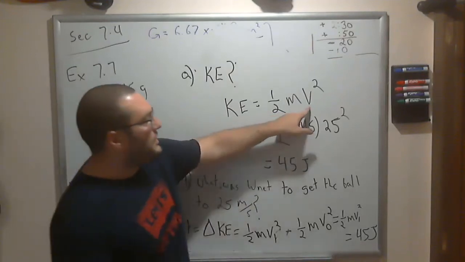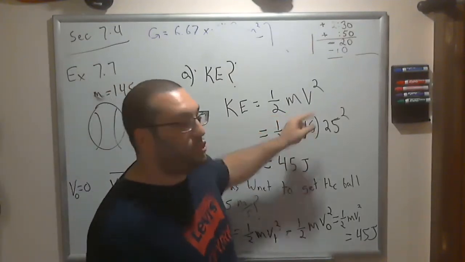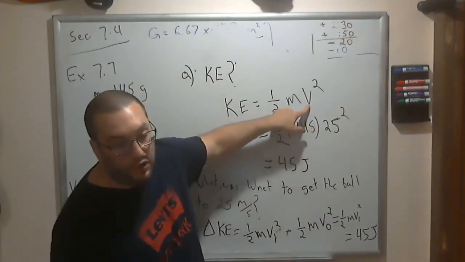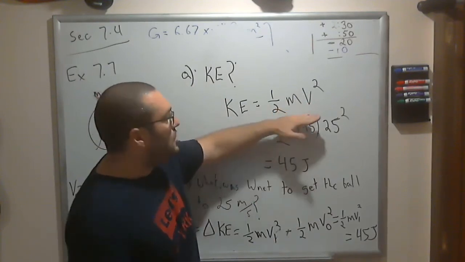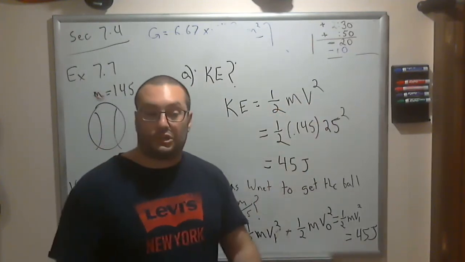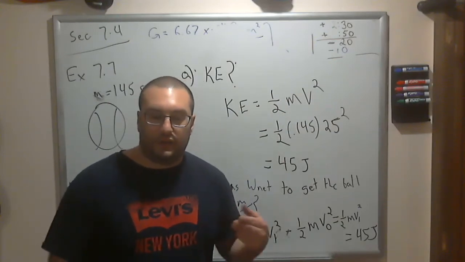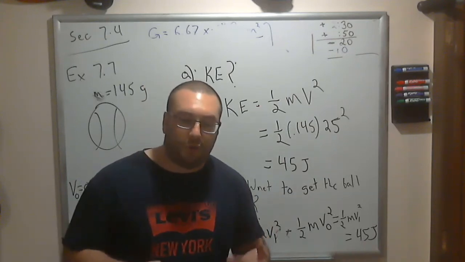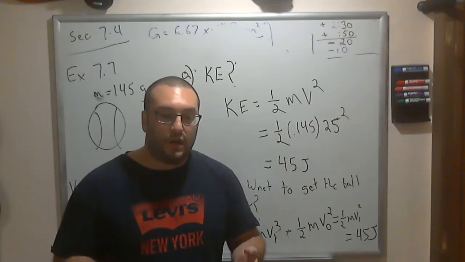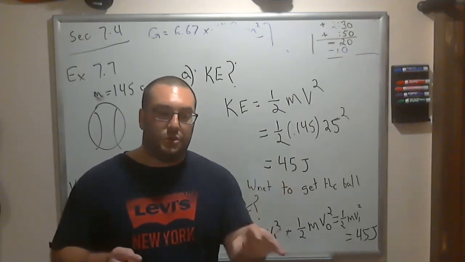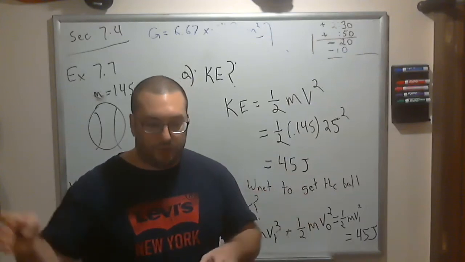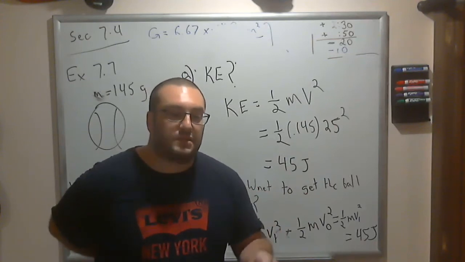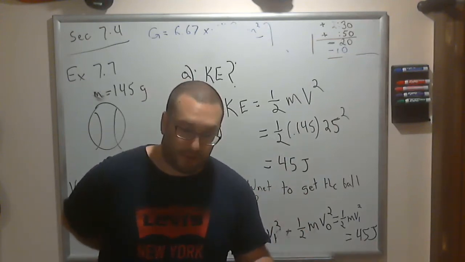Now, if you look at it, it's very interesting. The velocity is squared here. So that means if you're going twice as fast, your energy increases 4 times as much, right? It goes by this power law. So this means that when you get into a car accident at 10 miles an hour, the work that the car gives to whatever object it hits would be 4 times less than if it was going 20 miles an hour, right?